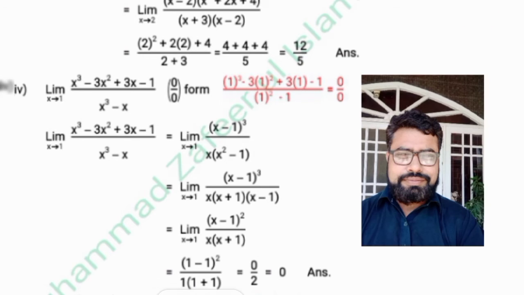You have to just put the value of x here, and it will be 0 by 0 form. I have written it here. As I explained in the 3 parts, now it's very easy. You have to just put the value of x and it will be 0 by 0 form.